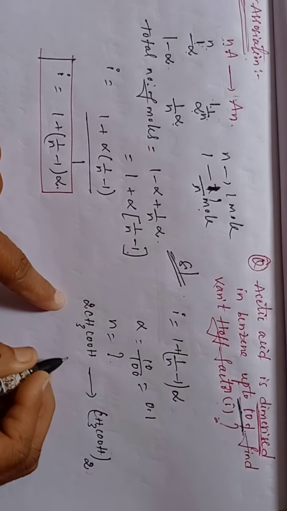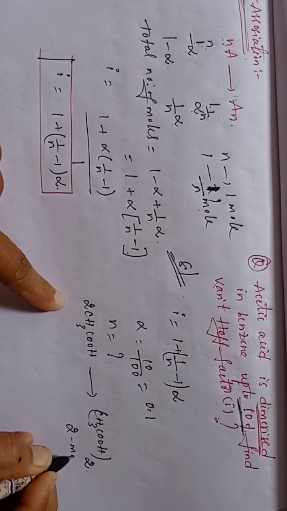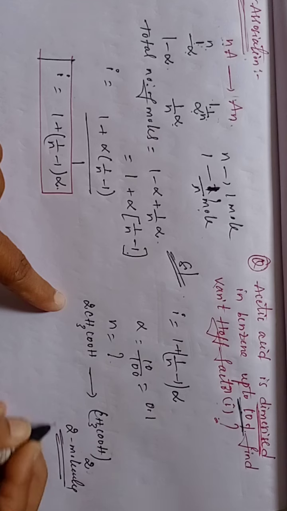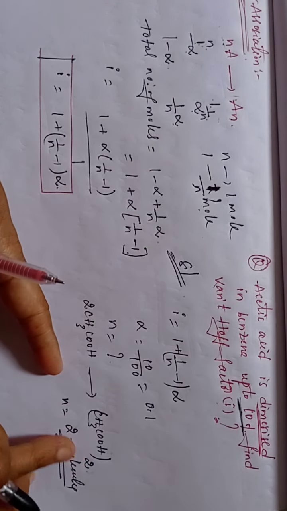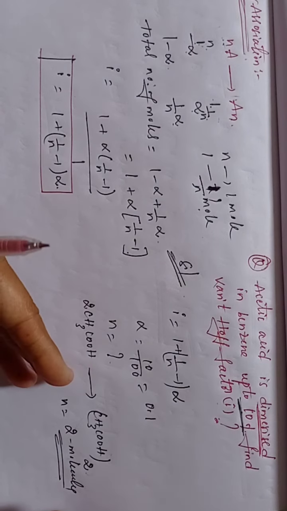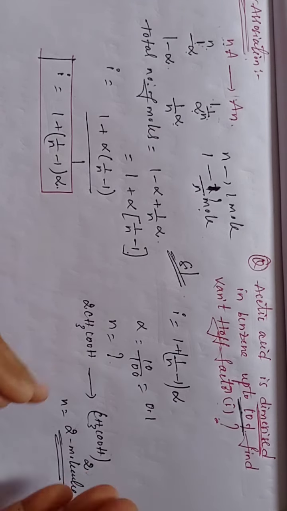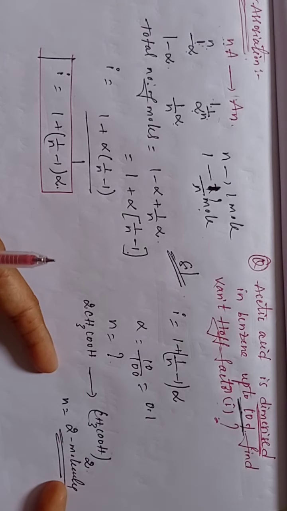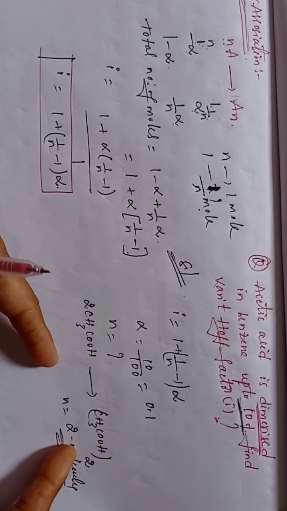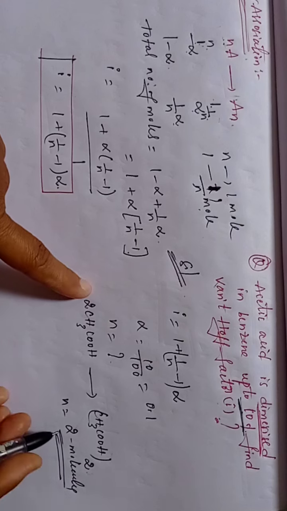That means the n value, how much, students? How many molecules are associating? 2 molecules. So n is equal to 2. In the case of dissociation we take the number of ions formed. In the case of association, you have to take the number of molecules. So the n value, n is equal to 2.